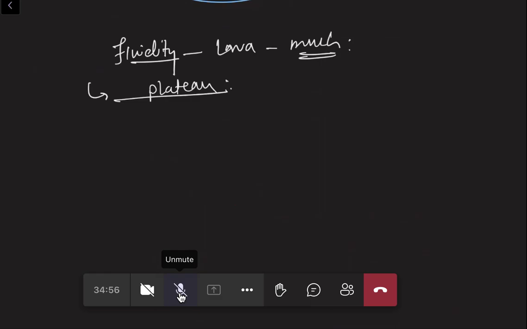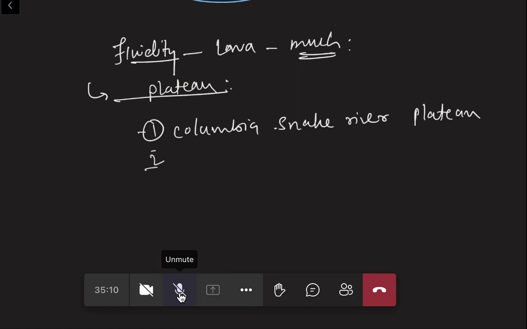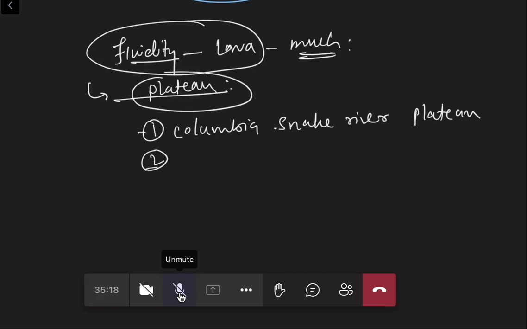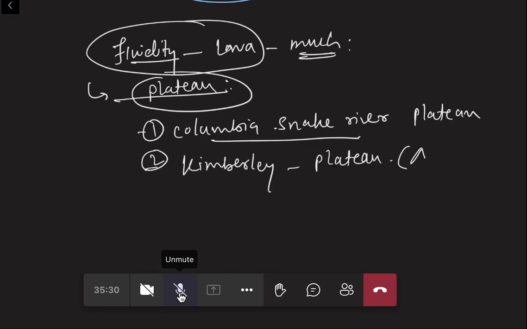Examples are the Columbia Snake River Plateau, which is an example of this type of fluid lava eruption and subsequent landforms, that is, volcanic plateaus. Then the Kimberley Plateau, it is in Australia.